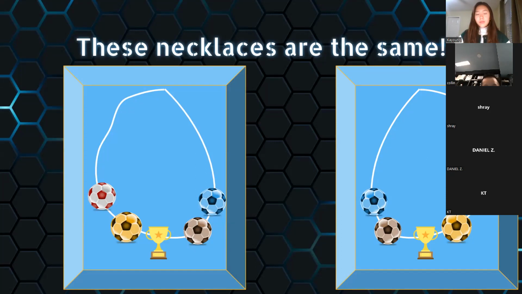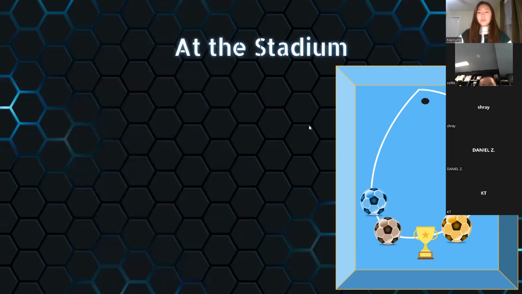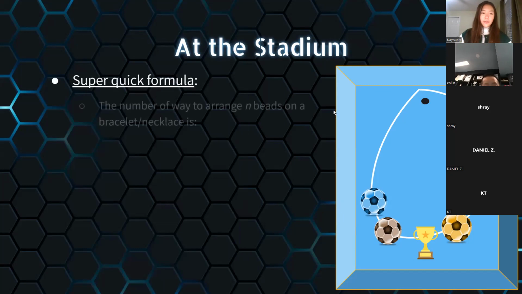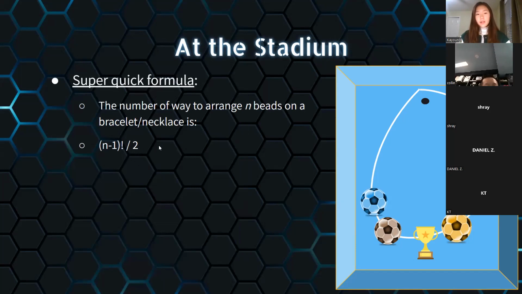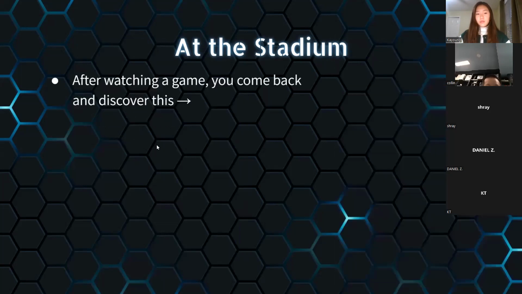Yeah, so this is the same necklace, just flipped. I see. So I think this problem is kind of annoying, but I don't know. So there's a formula for this too. You do n minus 1 factorial, which is like the table one, and then you just divide by 2.